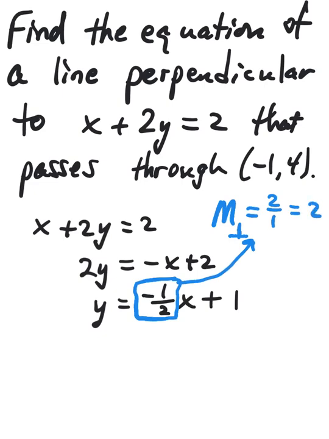We're going to use that slope and the point given, and because the point given is not on the y-axis, we're going to use point-slope formula. Y minus 4 equals our perpendicular slope of positive 2, times x minus -1. Let me do that in blue just so we keep it color coded.